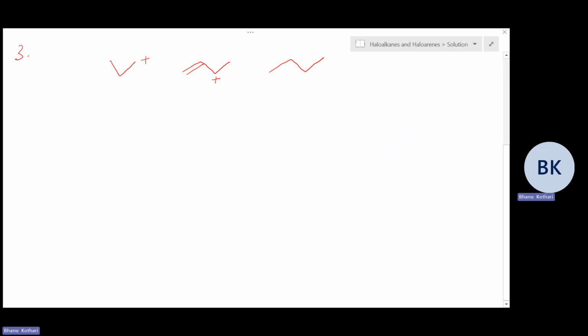And one is a 3-degree carbocation. The 3-degree will be the most stable, followed by the 2-degree one, followed by the 1-degree one. So the correct option is 2 greater than 3 greater than 1. Yep.